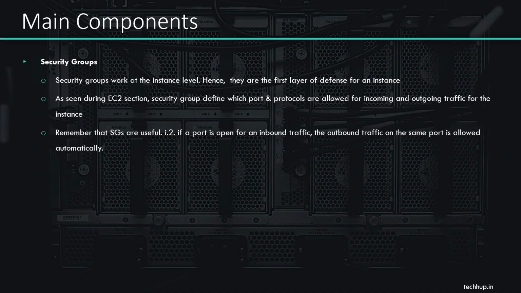It contains a set of incoming and outgoing rules, called inbound and outbound rules, that you can apply for incoming and outgoing traffic, where you define which ports and protocols are allowed. You can also whitelist IPs that are allowed to access the resources.